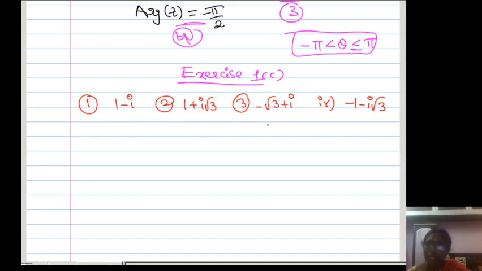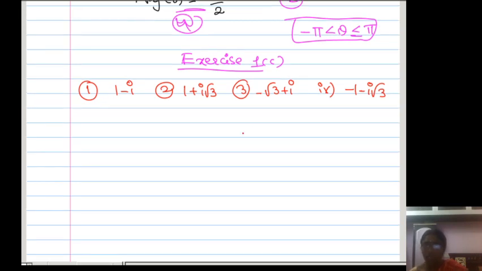Whenever you want to write in polar form, you should be able to find first r and theta. What is the modulus of that complex number? What is theta, the amplitude or argument of the complex number? It's better to find the principal argument. I already told you in the previous classes, but I want to repeat once again how to find it.